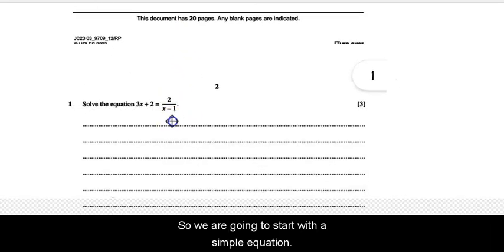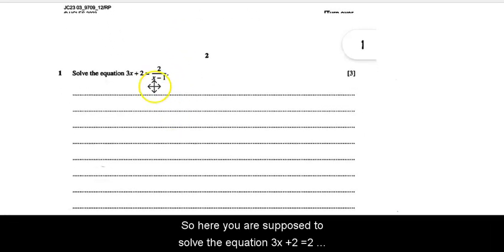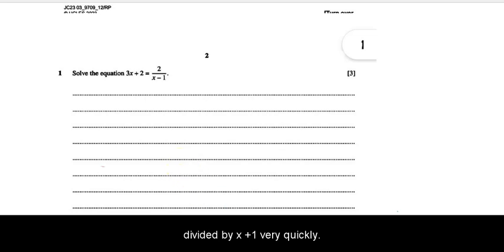So we are going to start with a simple equation. Here you are supposed to solve the equation 3x plus 2 equals 2 divided by x minus 1.